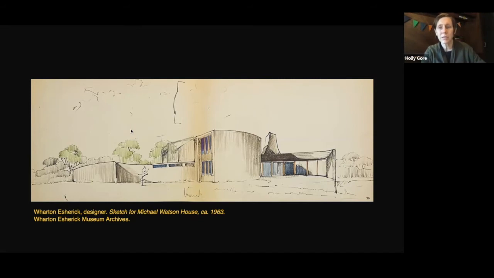So the architect would have the job of realizing these kinds of forms that Morton Esherick was dreaming up. Morton Esherick was not trained as an architect, so he would have relied on others to engineer his forms, to produce blueprints, or even to create a rendering like the one we're looking at here. This would have been done by someone in that architecture office.